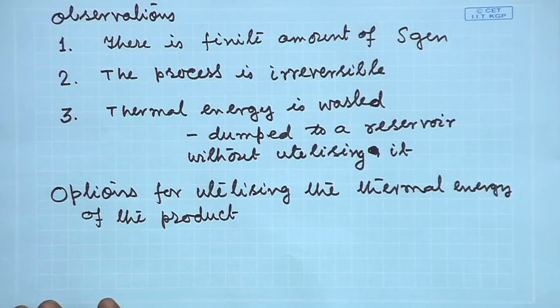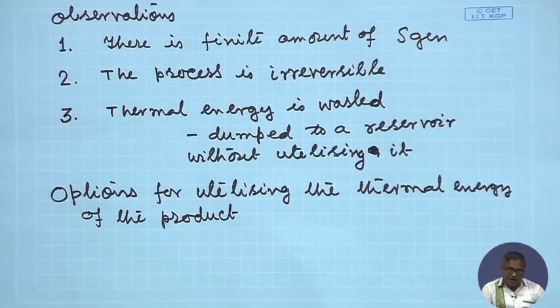Now, the product we have got is at 500 K, and the ambient temperature, let us assume the tank water is also at the ambient temperature, is available at 285 K. It would have been possible to transfer this heat from 500 K to 285 K, but while doing so, part of this thermal energy we could have extracted in the form of work.